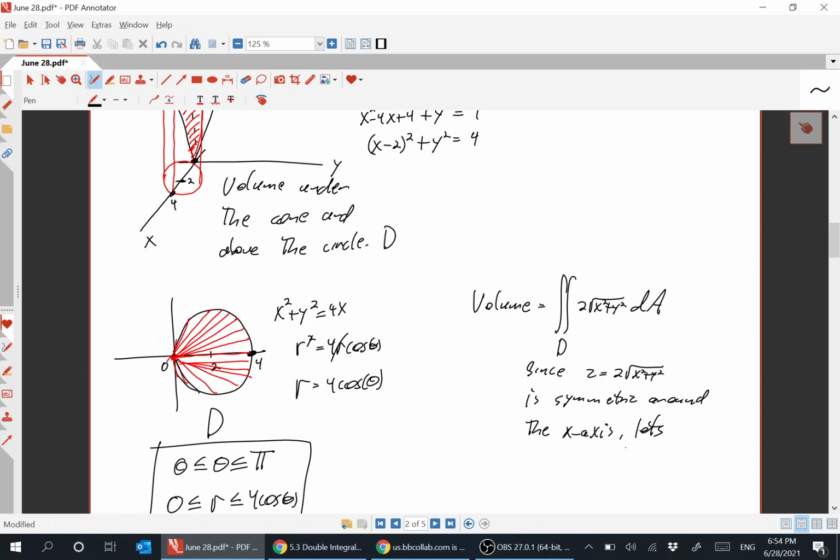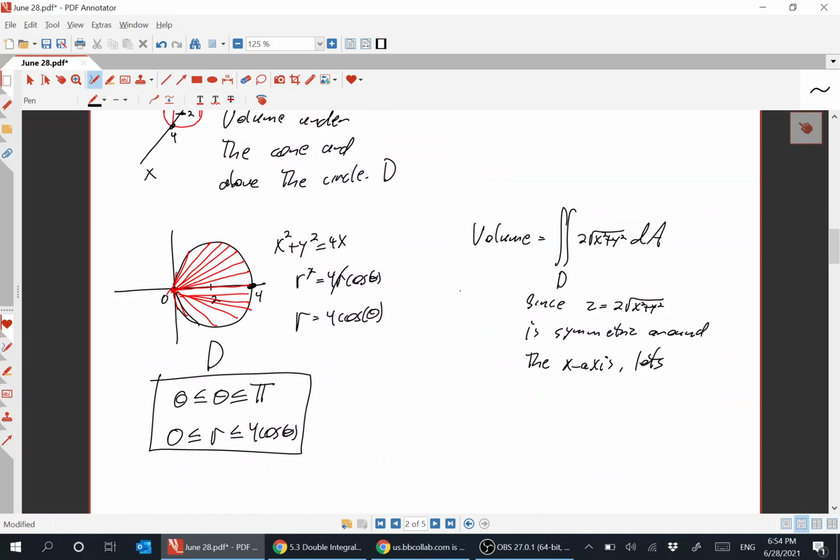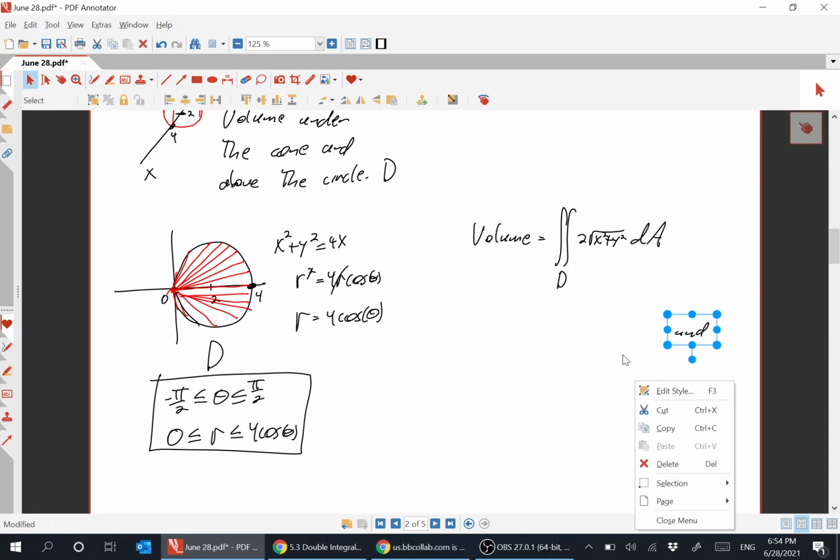What's a better way to do it? Instead of going from 0 to pi, what we can do is go from minus pi over 2 to pi over 2. I think that's better than this approach, although this approach would work too.